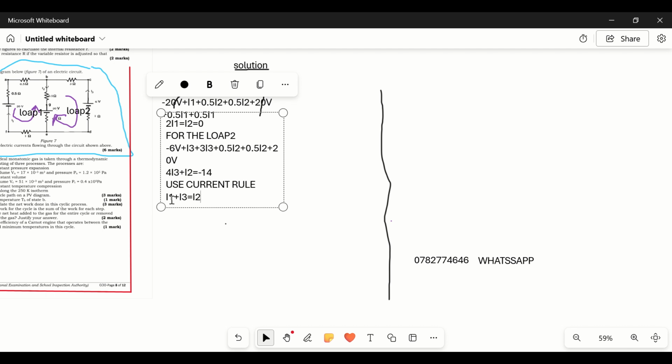This is for the junction load. So we have to find I3, which will be equal to I2 minus I1.